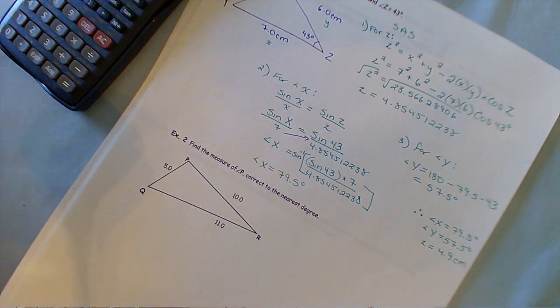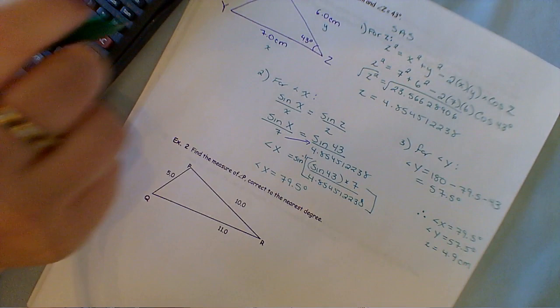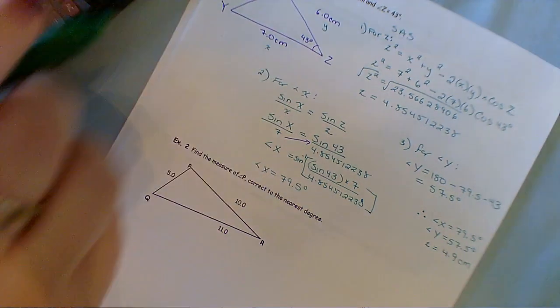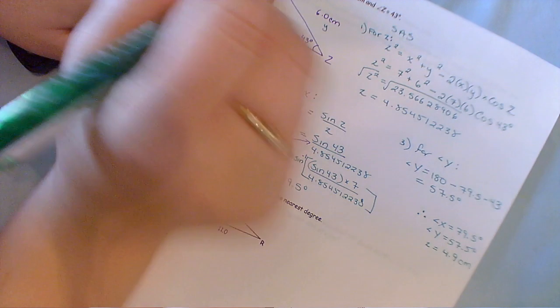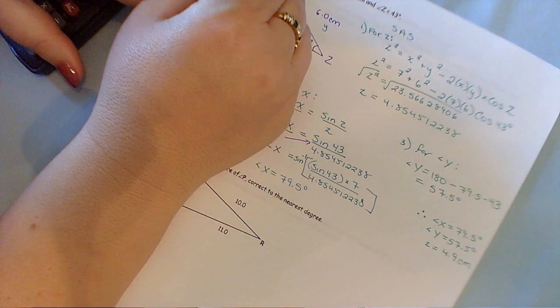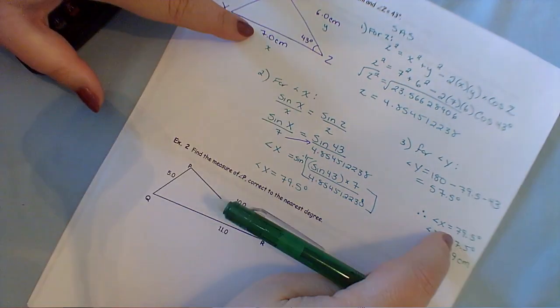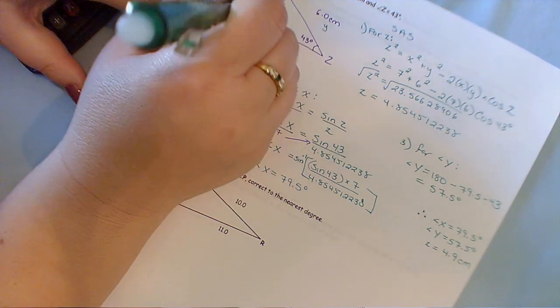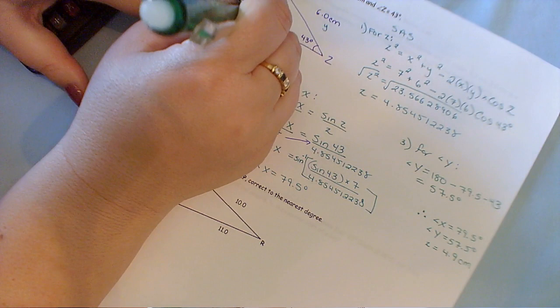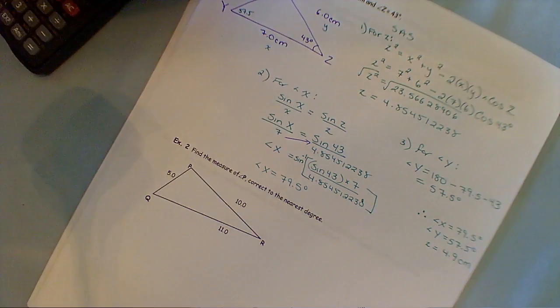Okay, so let's check our triangle. I'm saying that little z is 4.9, so I'm going to put 4.9 here, 79.5, and 57.5. Because I want you to always get into the habit of checking.